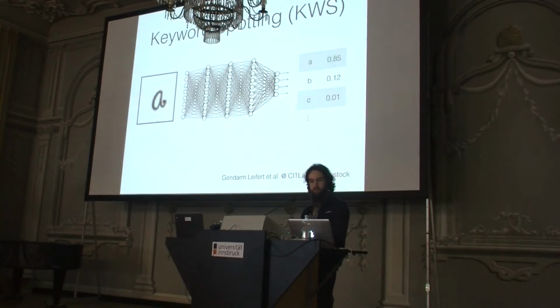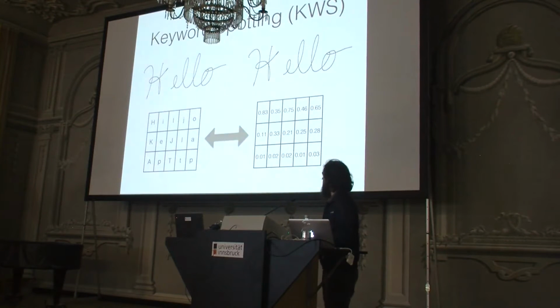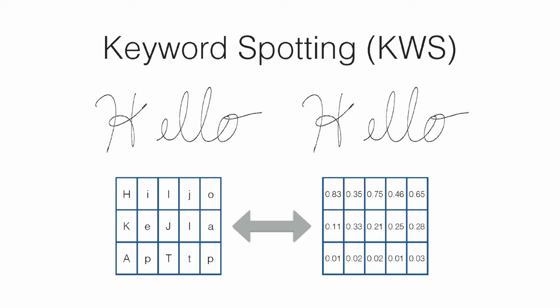But what we can actually do instead is save all of them. So if you save every possible letter that appears in the model, you can get matrices that look like this, where you have, for example, over here on the left, the highest probability transcription for this word hello would be something like Hiljo. So if you look for hello using the search engine, you would not find it.